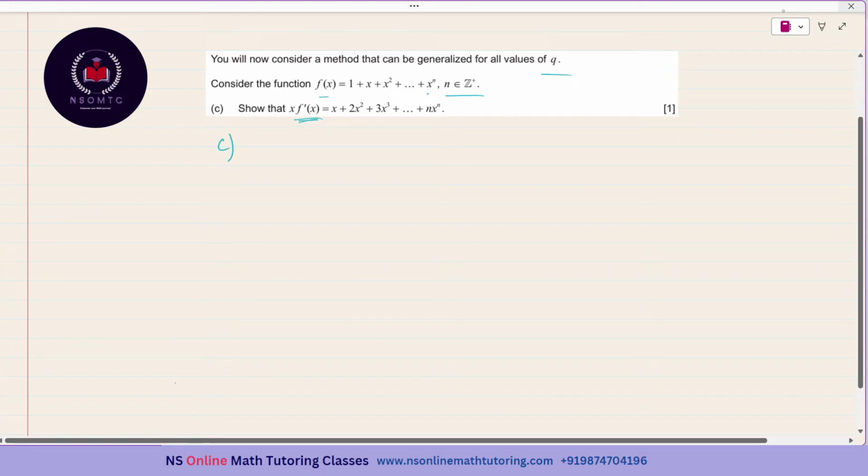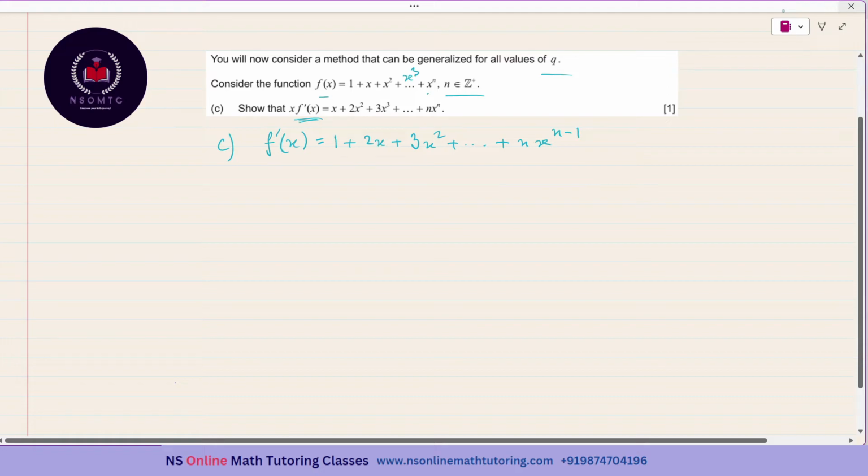Okay. So this one, we have to differentiate the f of x expression. So f dash x is equal to derivative of 1 will be 0, derivative of x is 1, derivative of x squared is 2x, plus the third term should be x cubed, so it will be 3x squared, plus dot dot dot plus n times x to the power of n minus 1.